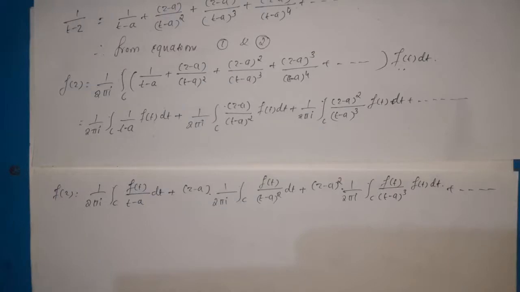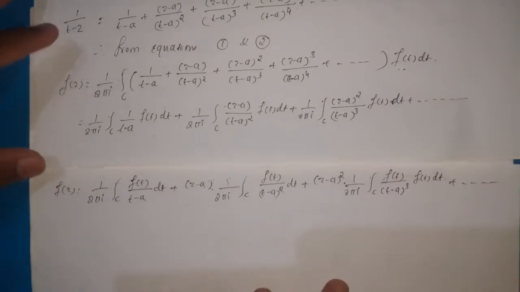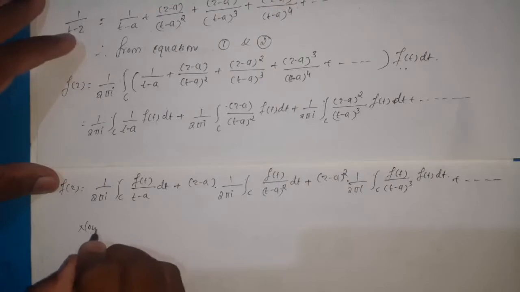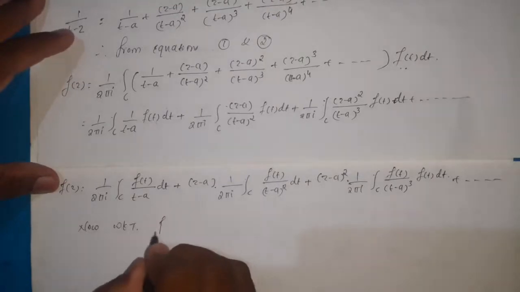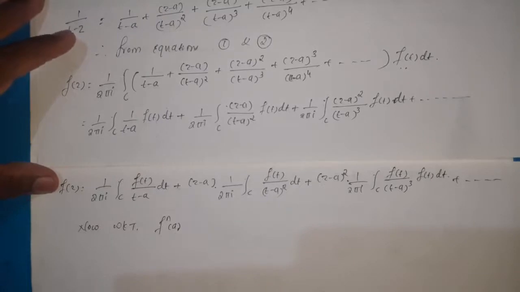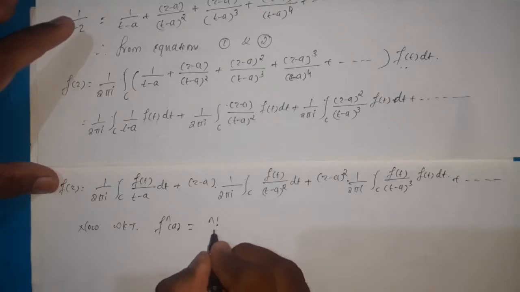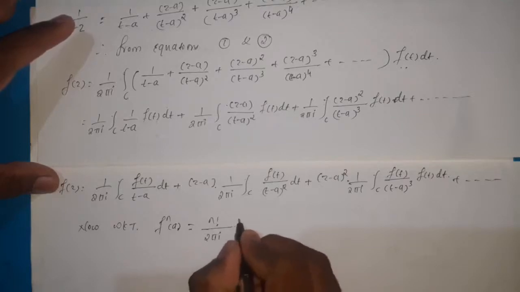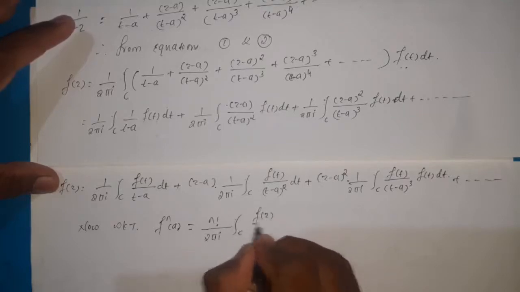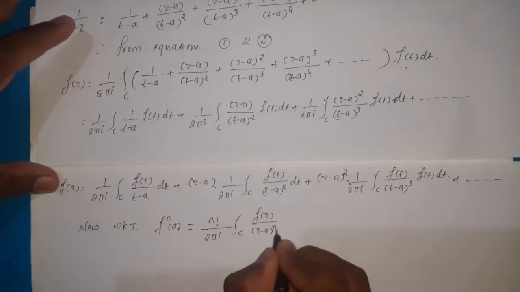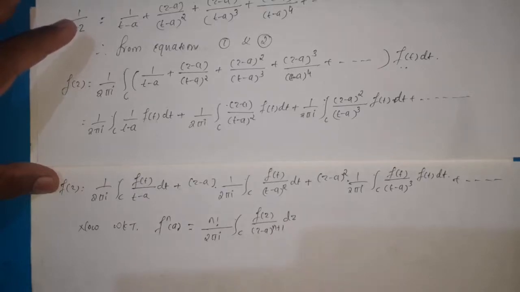So here we have multiplied by 1 by 2 pi i and we have taken that constant outside the integral sign, and the variable of integration is t. Now we know Cauchy's integral formula for derivatives: f power n of a is equal to n factorial divided by 2 pi i integration over c f of z divided by z minus a whole power n plus 1 dz.